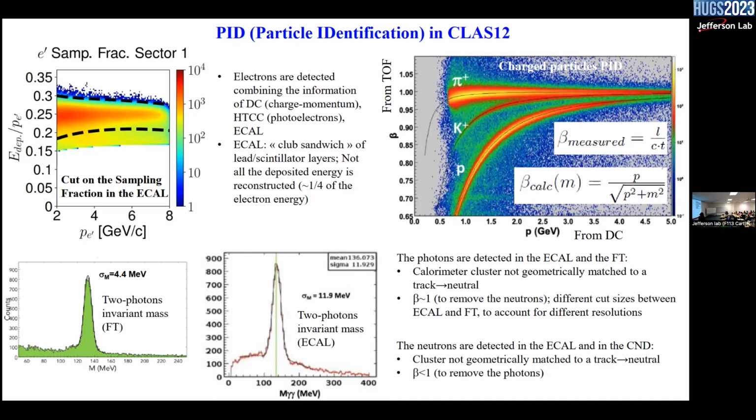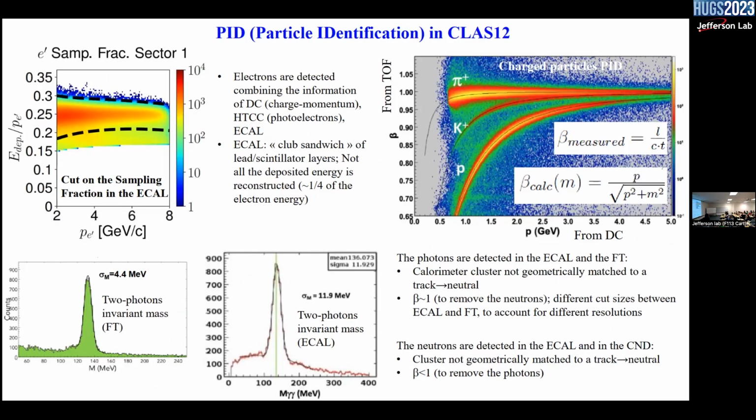But for the other kinds of particles, you can also try with kinematic cuts and other things. But it's true that there is an overlap at some point because the resolution of the time of flight is not infinite. Protons, on the other hand, are quite clean in general. So that is good, in particular for the final states that we're looking at.